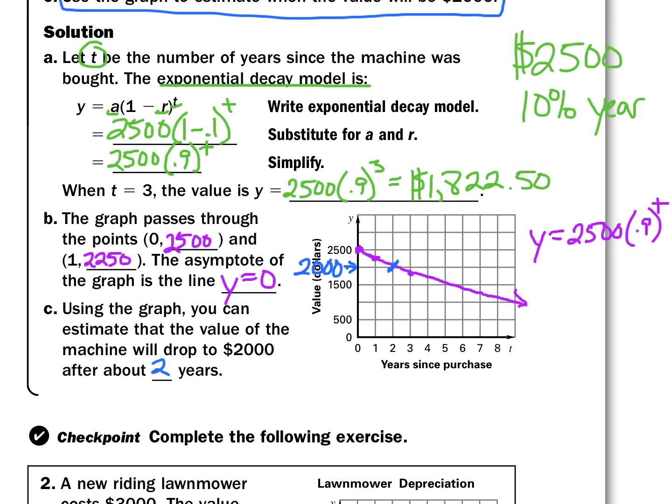If we plug that in just for verification purposes, 0.9 raised to the second power times the 2,500, we find out that it was actually about $2,025 at that time, so pretty close. And that's how you model exponential decay in terms of depreciation.